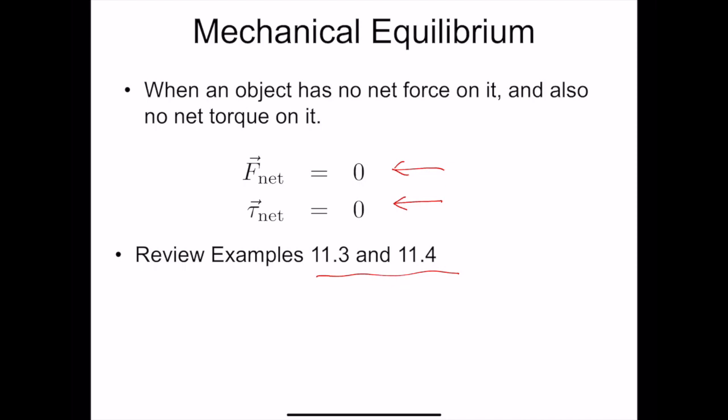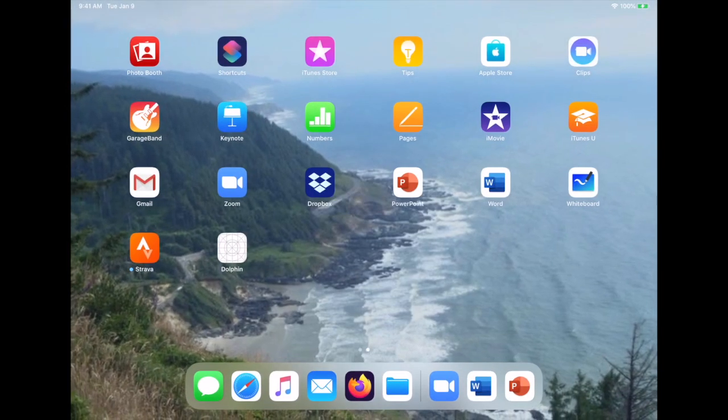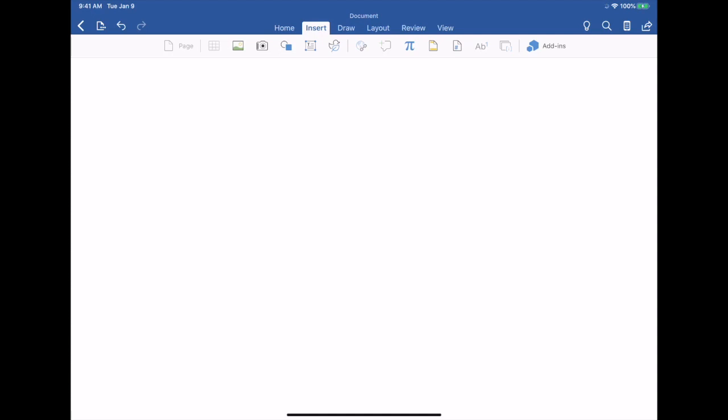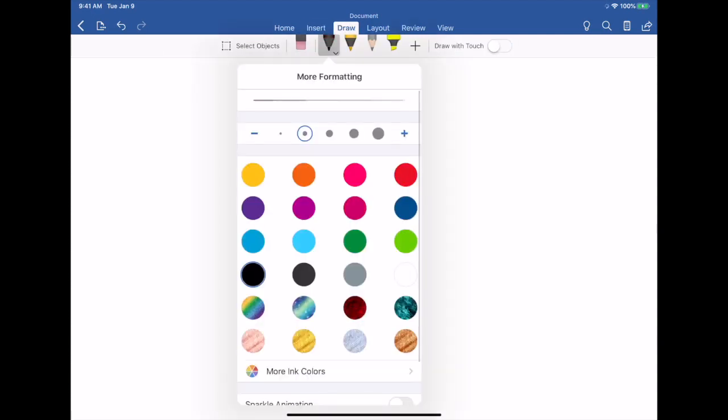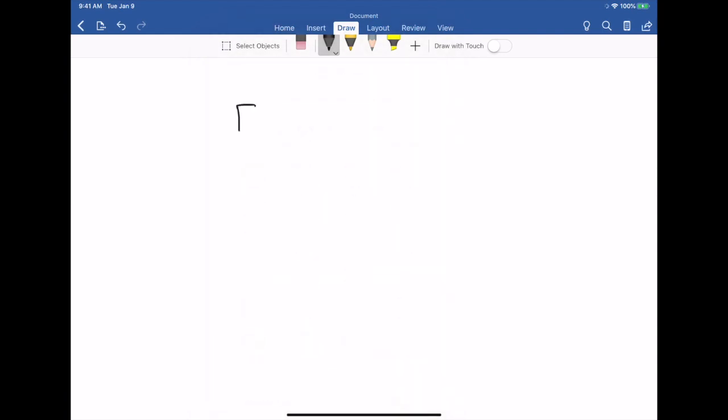Now let me just clarify one thing. We know that Newton's second law says that the net force is equal to mass times acceleration, and the net torque is equal to I times alpha.